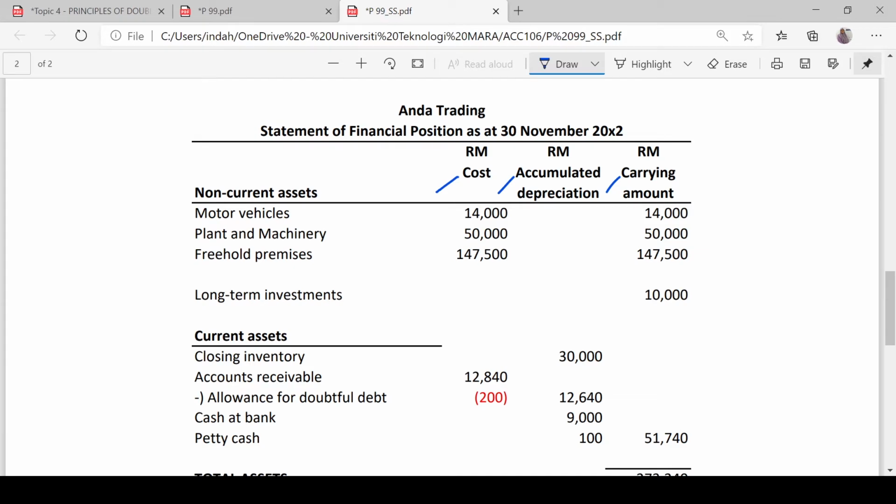So motor vehicle, plant and machinery, freehold premises, the cost is 14,000, 50,000, and 147,500 ringgit. And this would equal the carrying amount.